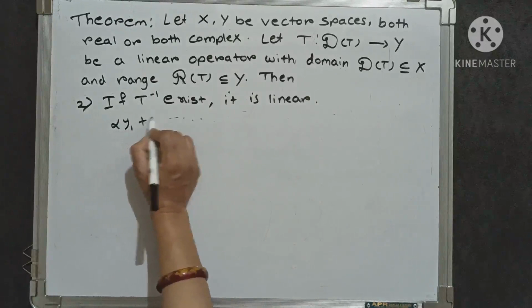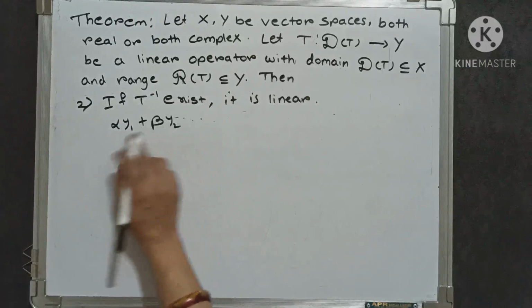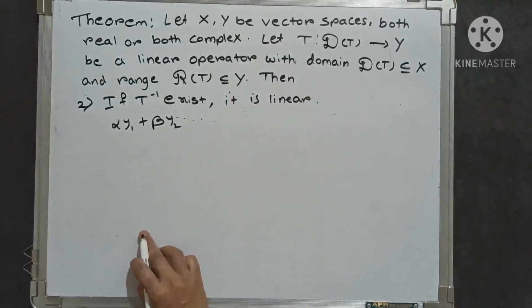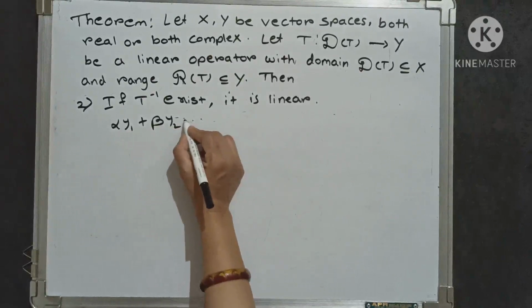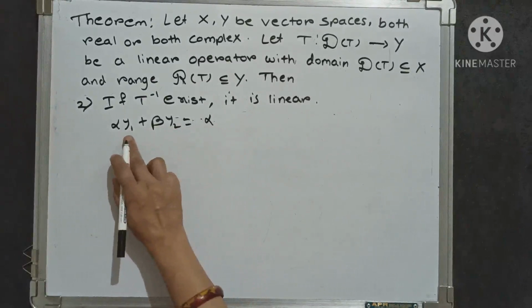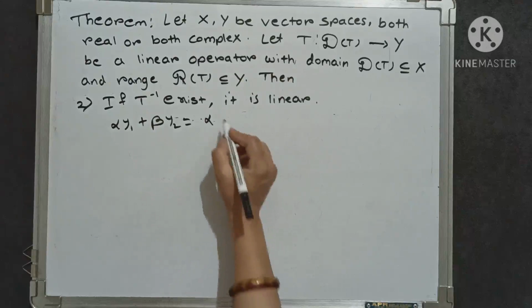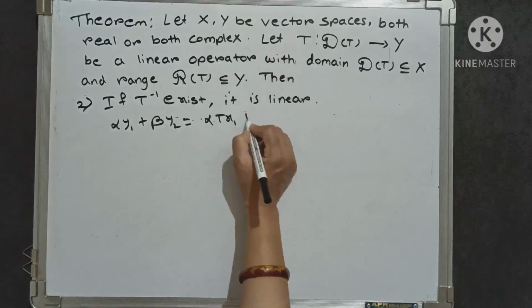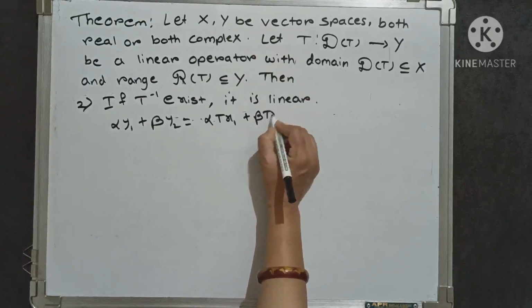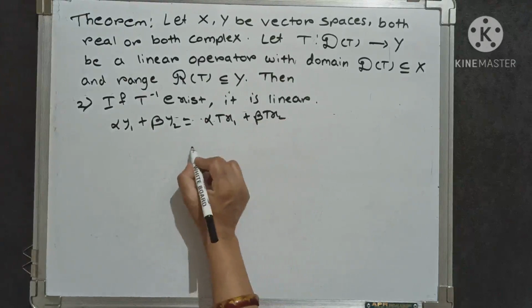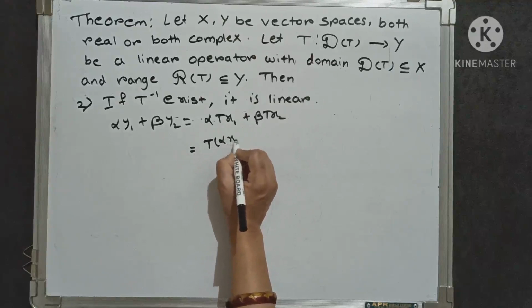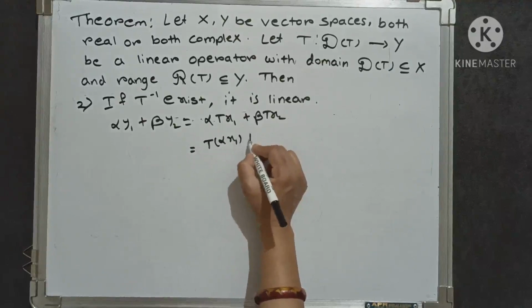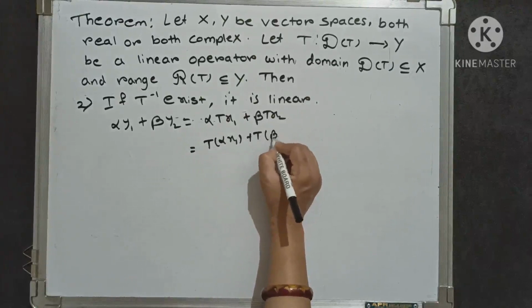Now consider alpha y1 plus beta y2, where alpha and beta are any two scalars. Then alpha y1 plus beta y2 equals alpha, putting the value of y1, T x1 plus beta T x2. As T is a linear operator, we may write it as T of alpha x1 plus T of beta x2.